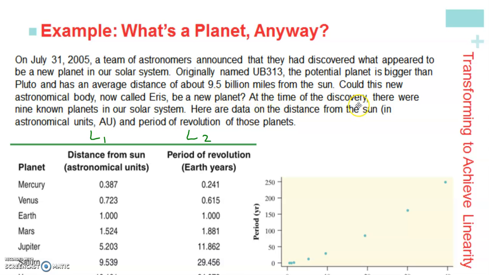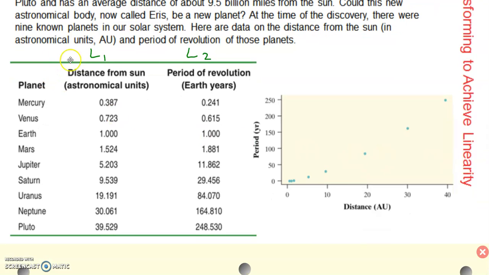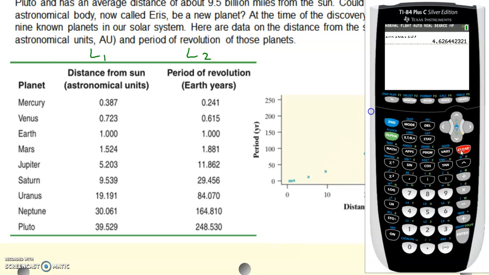Now, at the time of the discovery, there were 9 planets in our solar system, and here is the data on their distance from the Sun in astronomical units, or AUs, and the period of revolution of those planets in years. What I did here, and what I'd suggest you do, is go ahead and type this data into list 1 and list 2.